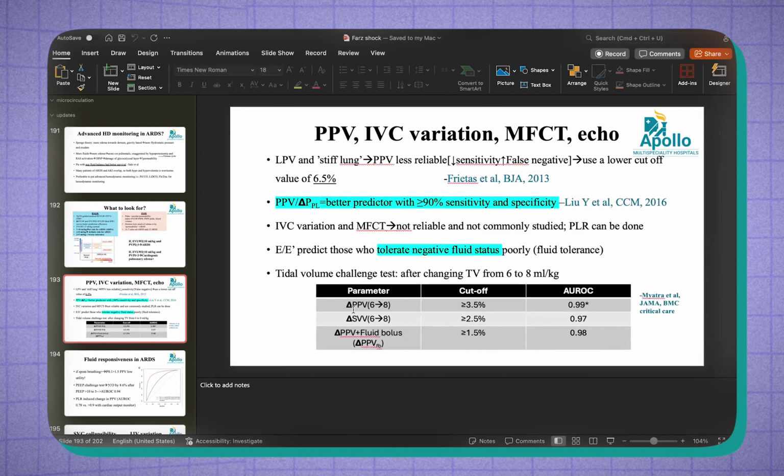If the change in pulse pressure variation after going from 6 to 8 ml per kg is more than 3.5%, or the SVV change is more than 2.5%, it has an area under the curve of 0.99, which means very good sensitivity and specificity to diagnose fluid responsiveness. So if it is a one word answer, for a patient with ARDS, how to check fluid responsiveness, the tidal volume challenge test is a good answer.